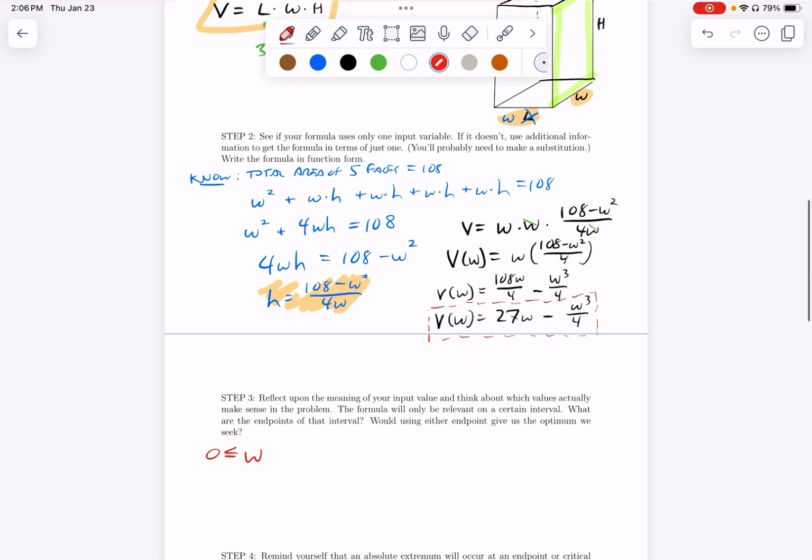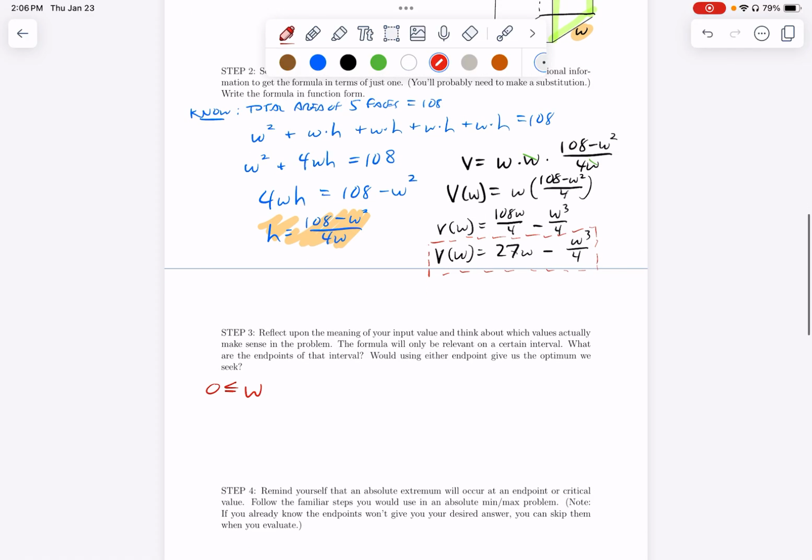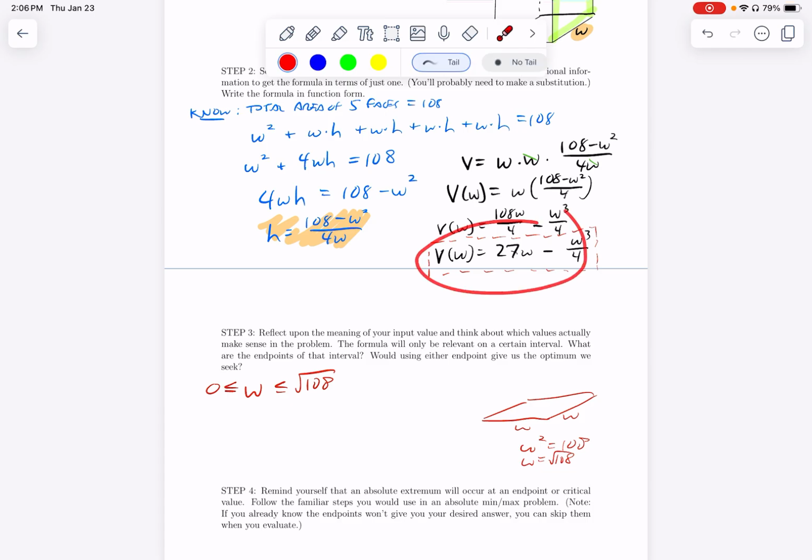And if we wanted to know the biggest possible value, we could theoretically make our height equal to 0, and it would just be a square like that. Well, that square would eat up all 108. So W would be the square root of 108. So this problem only makes sense if W is between those two. And our formula is only relevant if W is in this range.